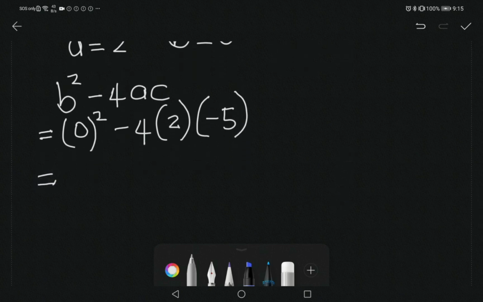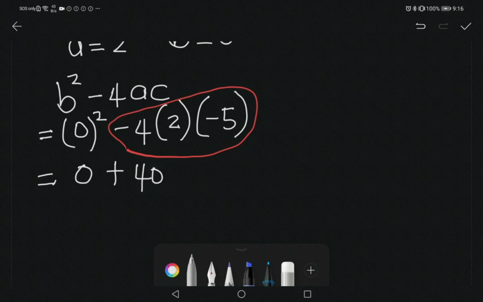So 0 squared is 0. So kani siya tan-awa na siya sa kaninang group. Duha ka buok nga negative. So negative times negative is positive. So positive ni siya diri. Then i-multiply nimo dayon ang tulo. 4 times 2 is 8 times 5 is 40. And 0 plus 40 is 40.